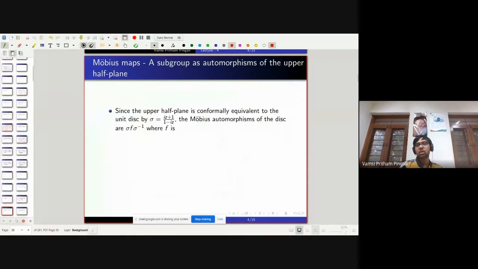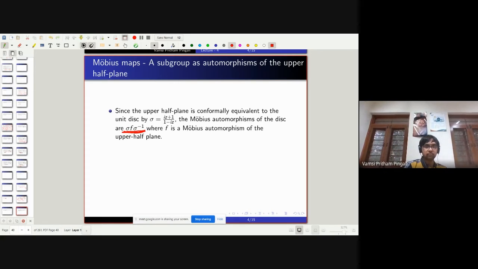In other words, they're all of this type, sigma F sigma inverse, where F is a Mobius automorphism of the upper half plane. Okay? So there's a neat little result. We know exactly what the Mobius maps that take the unit disk to itself are. They're precisely of this form.